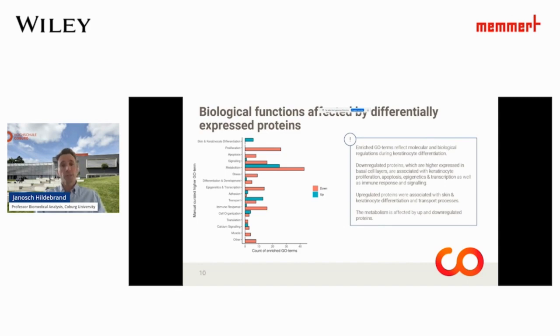For example, terms associated with proliferation were overrepresented in the downregulated protein group, indicating that proteins expressed in basal cell layers regulate the proliferative capacity of human epidermis. Further terms associated with apoptosis, epigenetics, or signaling and immune response showed the same pattern. On the other hand, processes associated with terminal differentiation were overrepresented, especially in the group of upregulated proteins, as you can see above.